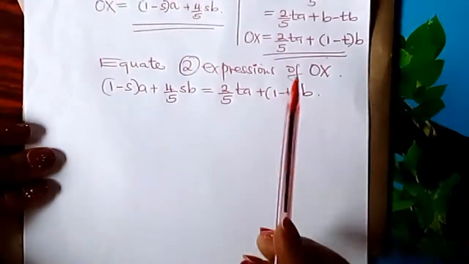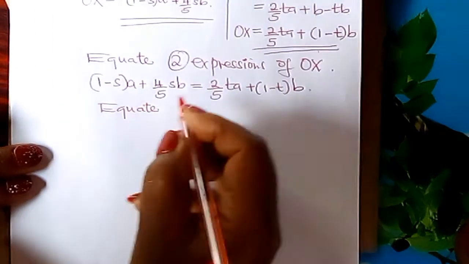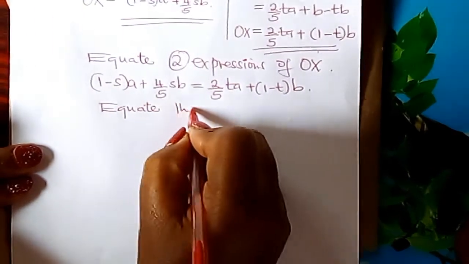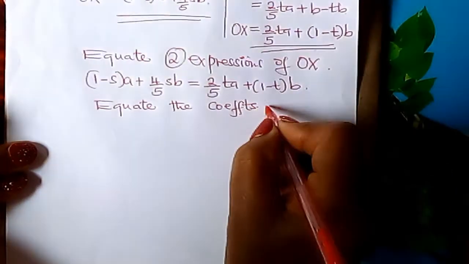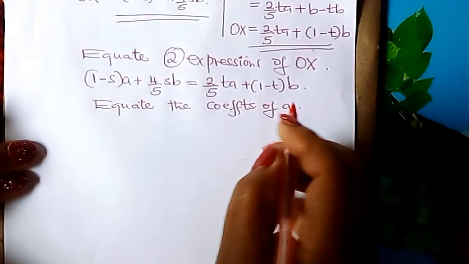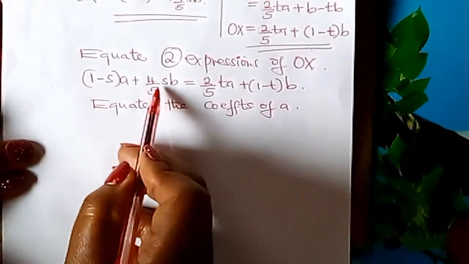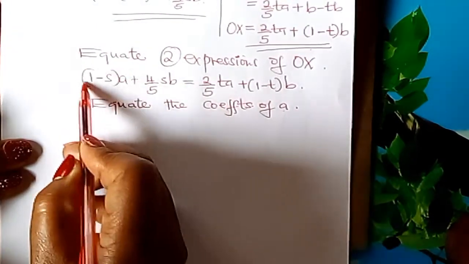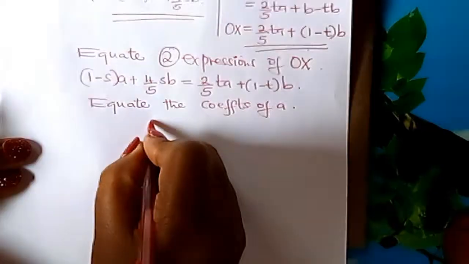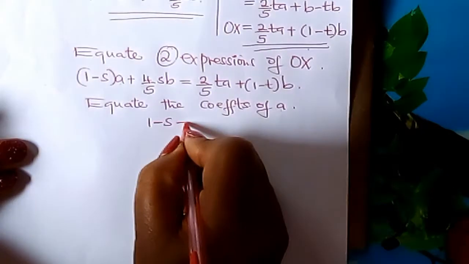The second step, Lana, is that you now equate the coefficients. Let me write it in short like that. The coefficients of a, the term or the figure which is multiplying a. On this side, this is the coefficient of a. You say 1 minus s is equal to what?